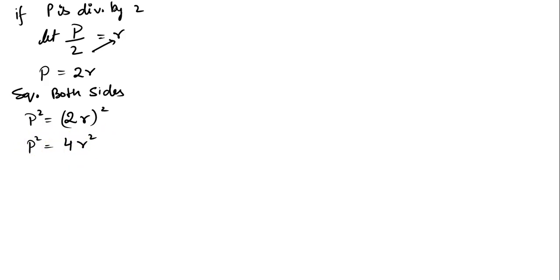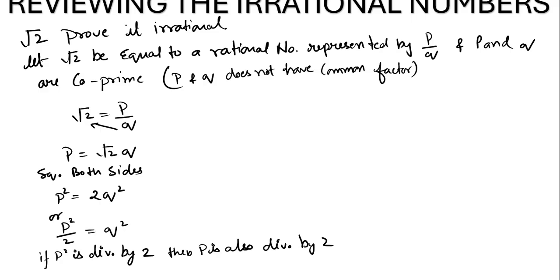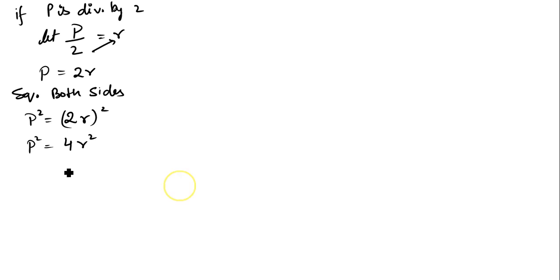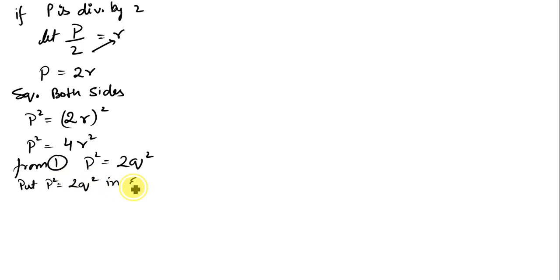On the previous slide, if you see, p square was equal to 2q square, so we will mark it as the first equation. Now from the first equation, p square is equal to 2q square, so we put it in the second equation, which we mark as the second equation.